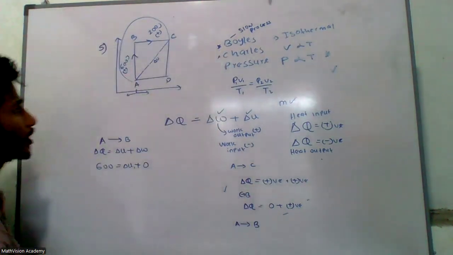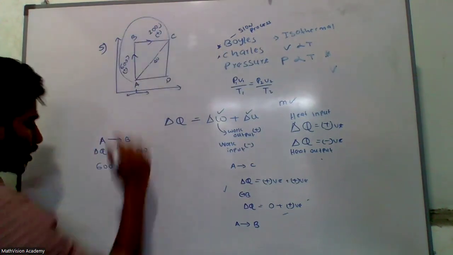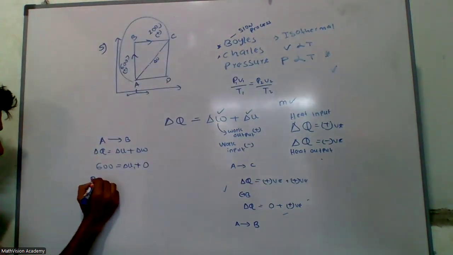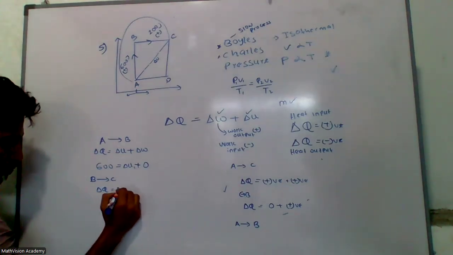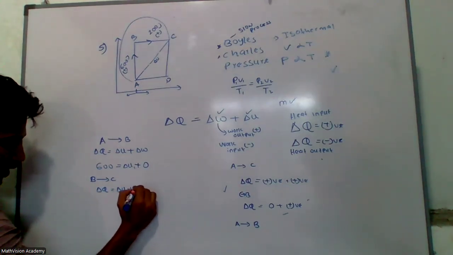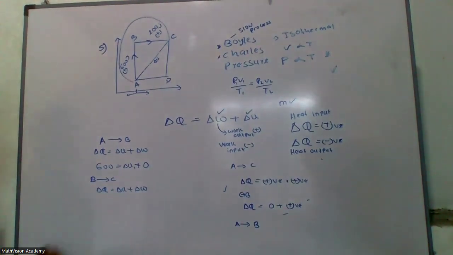Now if I ask to find for B to C, delta Q is equal to delta U plus delta W. Heat exchange is 200 joules.